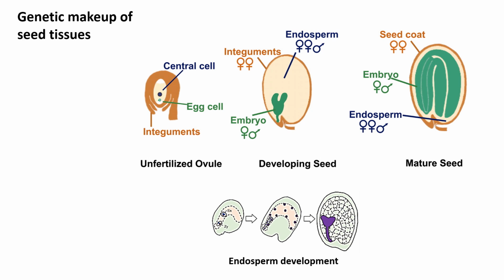Then at the heart stage of embryogenesis, cellularization of the central cell begins to form an endosperm tissue consisting of large specialized transfer cells that facilitate nutrient transfer from the maternal tissue to the developing embryo. So the seed is made up of maternal tissues that form the ovule and the tissues formed after fertilization, namely the embryo and the endosperm.